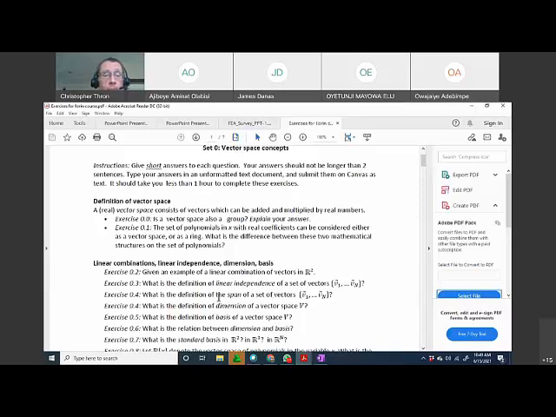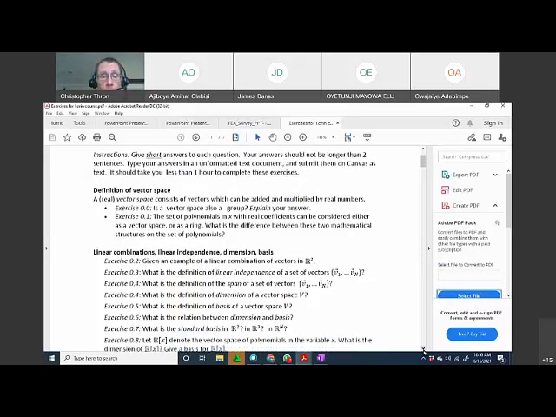Unfortunately, I have the numbering here wrong. You could call this 4a and 4b. Exercise 4b, what is the definition of the dimension of a vector space V? What is the definition of a basis of a vector space? What is the relation between dimension and basis? What is the standard basis in R2, R3, and Rn?